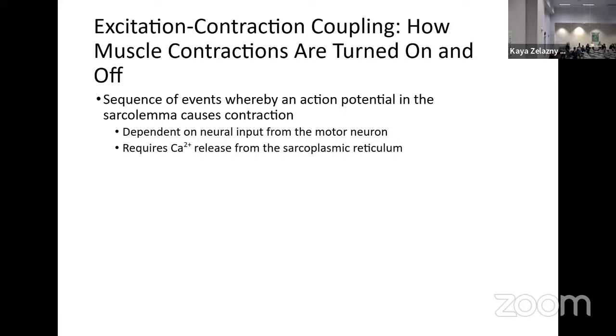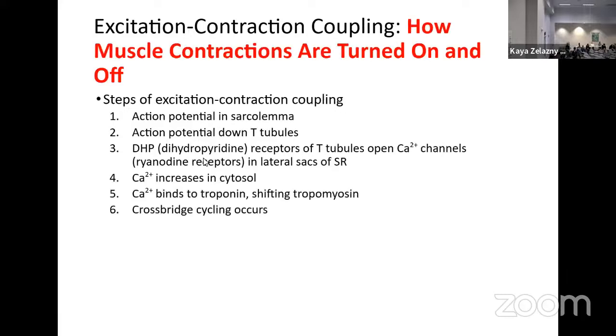So this is dependent on having a nerve tell your muscle to contract, on neural input from our motor neurons, which are somatic. We're going to need calcium specifically for this.